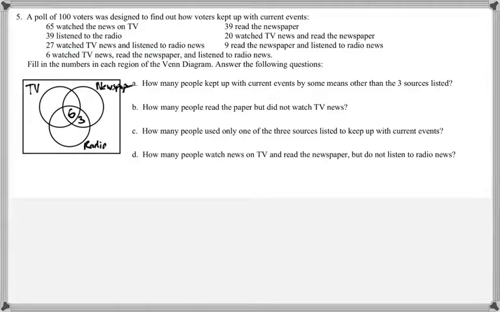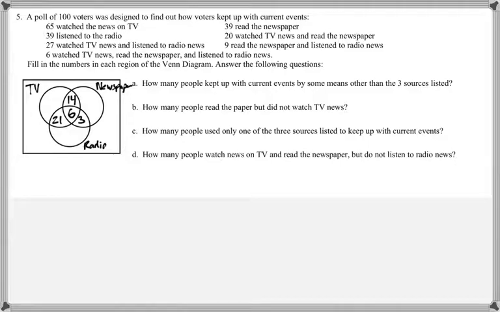So this football is worth 27. So we want to take 27 minus 6 to get 21. 20 watched TV and read the newspaper. So this football is worth 20. So 20 minus 6 is 14.